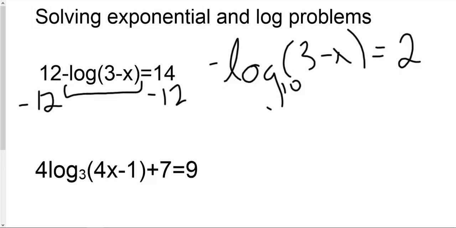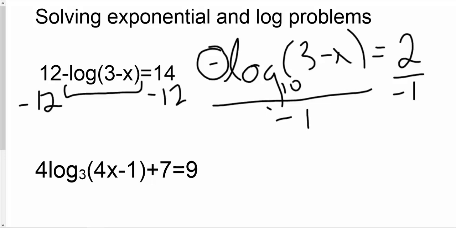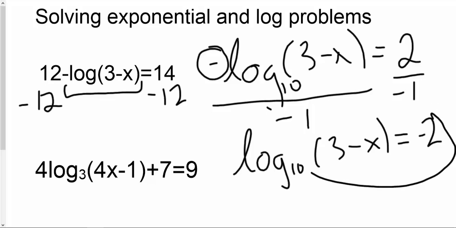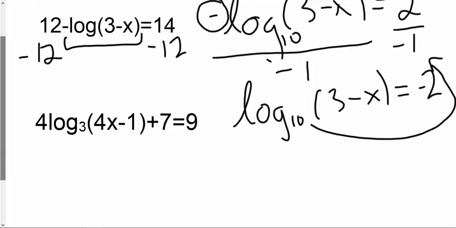The next thing we need to do is get rid of this negative. So to do that, we're going to divide by negative 1. And that'll give me log base 10 of 3 minus x equals negative 2. Now we're going to undo the log, which means that we're going to change it into an exponential form. So this will give us 10 to the negative second equals 3 minus x.